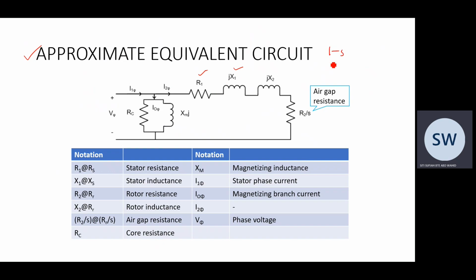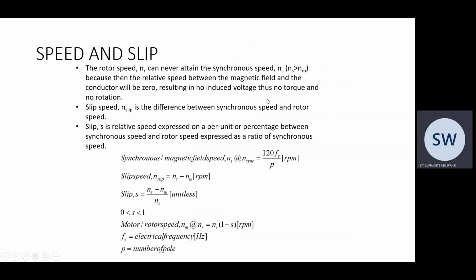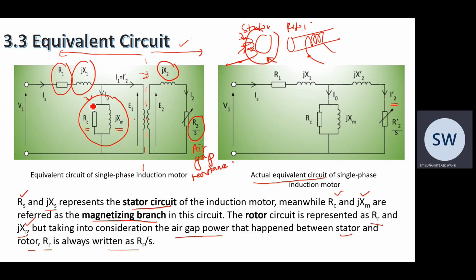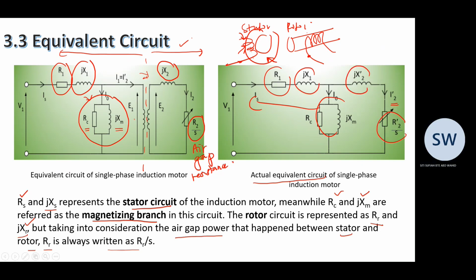1 is for the stator, 2 is for the rotor. So when you move this to the front, you will have R1, jX1, jX2 transferred, and also R2 over S transferred.